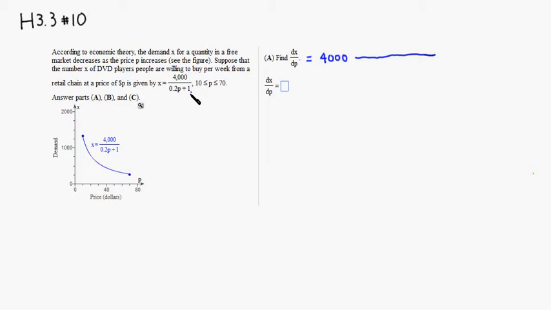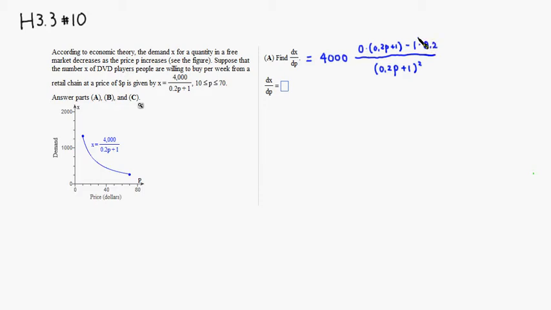First square the bottom, so you have 0.2p plus 1 squared. Since 4,000 is pulled out, the numerator is 1. The derivative of 1 is 0 times the bottom, 0.2p plus 1, minus the top, which is 1, times the derivative of 0.2p plus 1, which is 0.2.